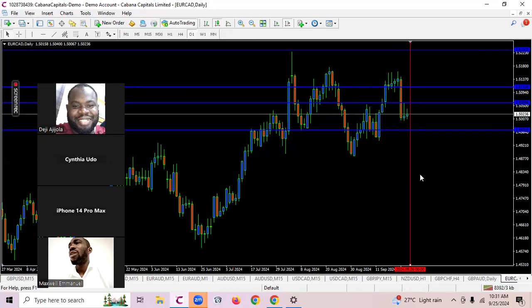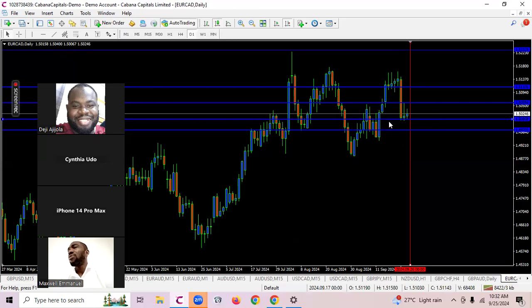So if you are considering selling EurCad, wait for price to pull back to this fair value gap, or wait for price to break this support that was created yesterday.